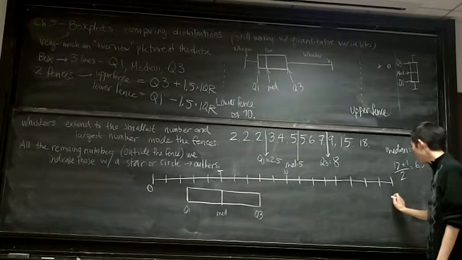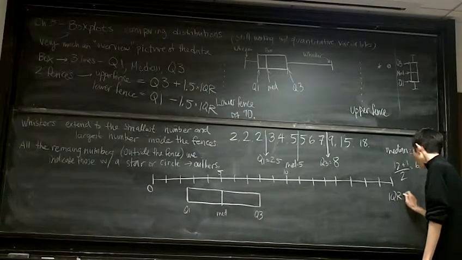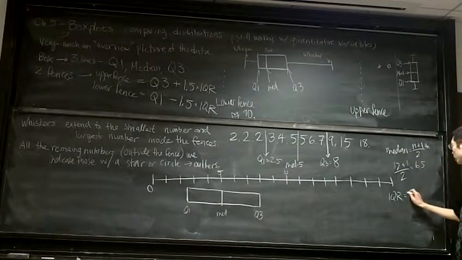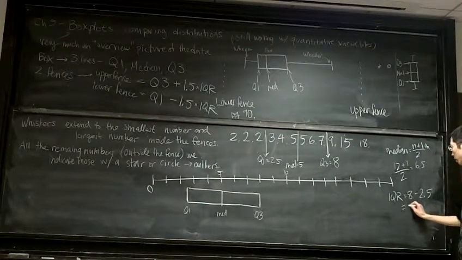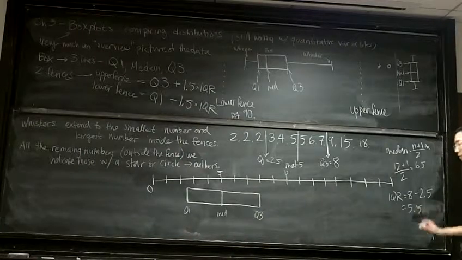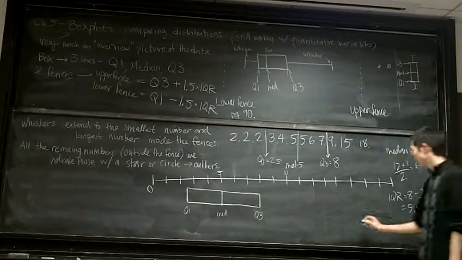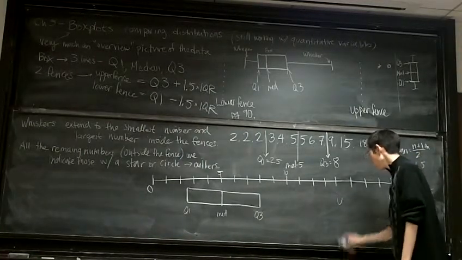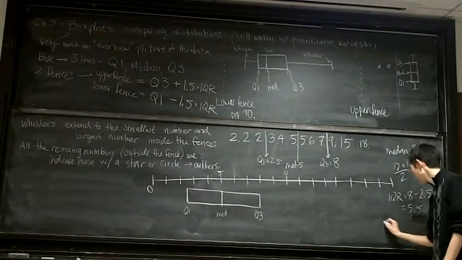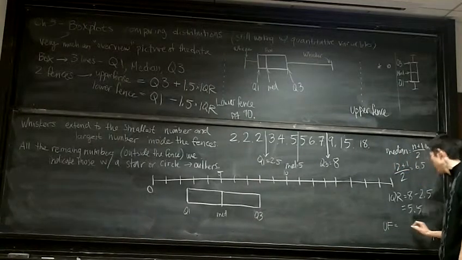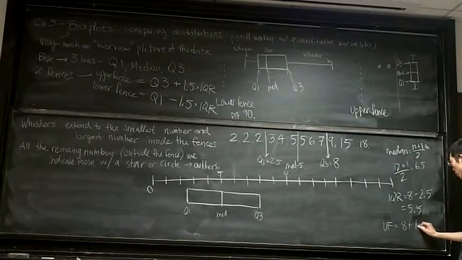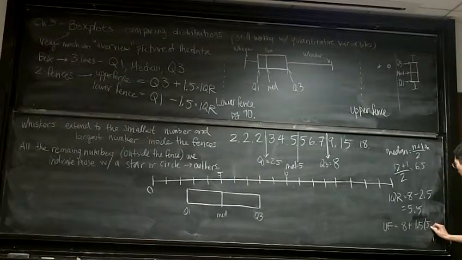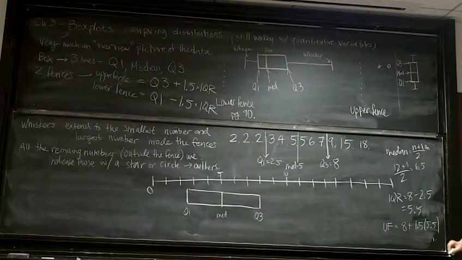Okay, so what is my IQR? My IQR is 8 minus 2.5, 5.5. Okay, so my upper fence is going to be Q3, 8, plus 1.5 times 5.5.